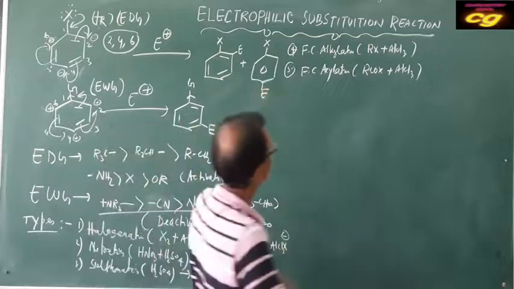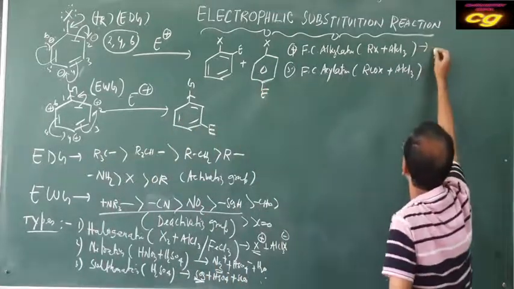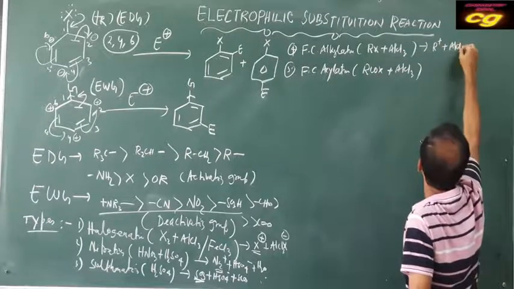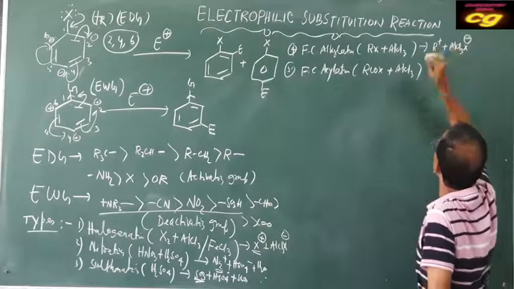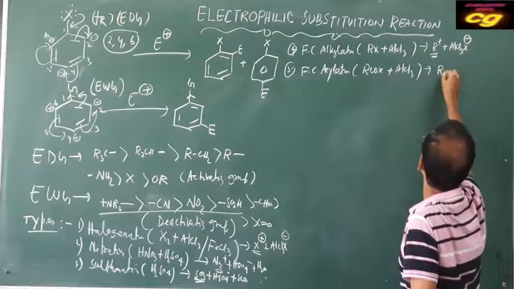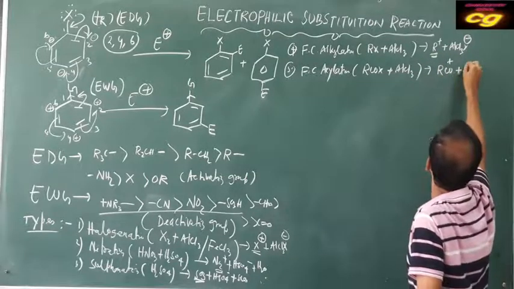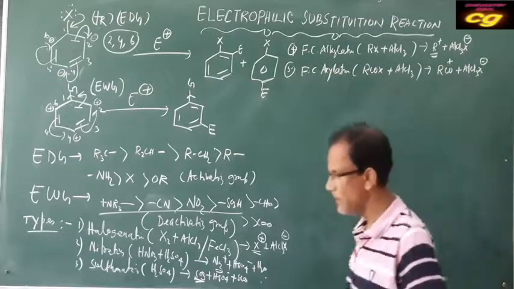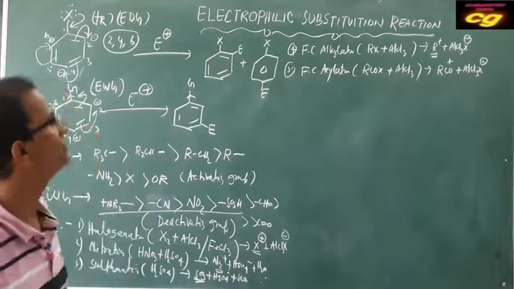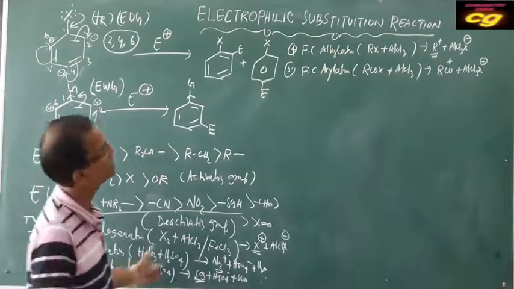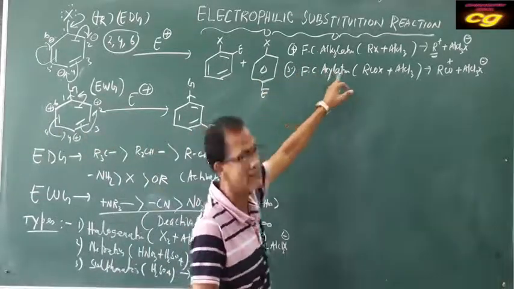And in alkylation, very important, R plus remaining AlCl3X minus. So R plus is the electrophile. In acylation, RCO plus, AlCl3X minus. So these are very important electrophilic substitution reactions: halogenation, nitration, sulfonation, alkylation and acylation.